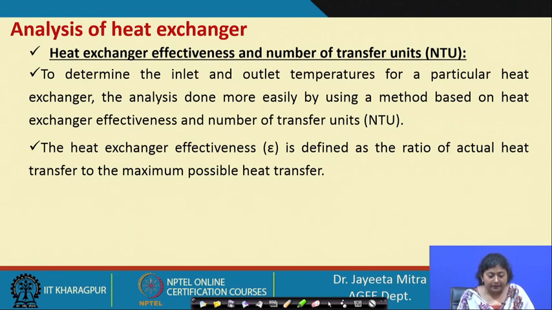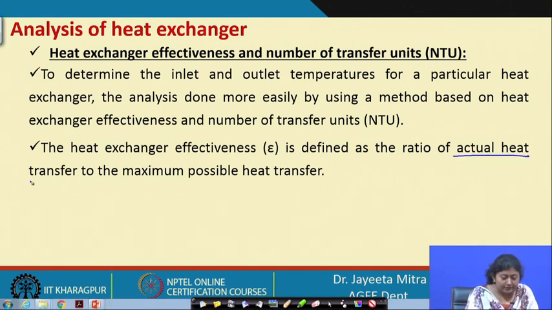To determine the inlet and outlet temperatures for a particular heat exchanger, the analysis is done more easily by using a method based on heat exchanger effectiveness and number of transfer units. The effectiveness is defined as the ratio of actual heat transfer to the maximum possible heat transfer.